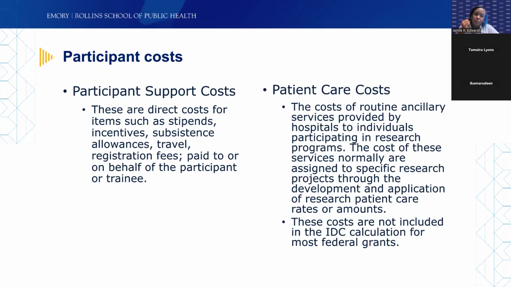Those things would go under participant support costs. Tuition is still not applicable to the IDC calculation, the other things are, but when we're looking at those things, we're looking at what does this particular RFA allow in terms of costs for these participants.